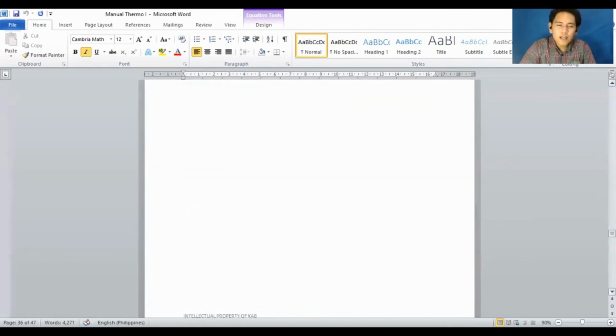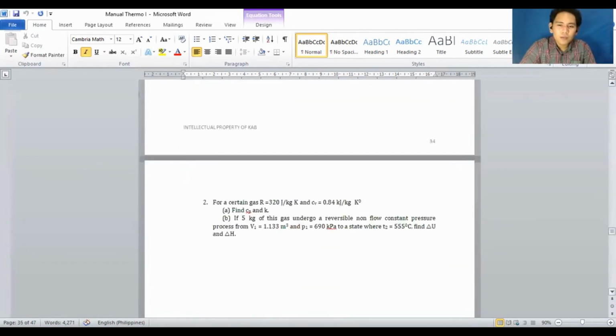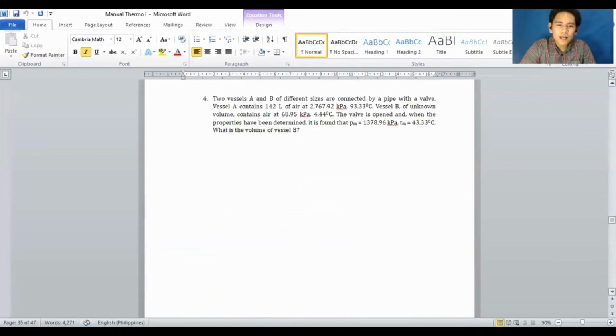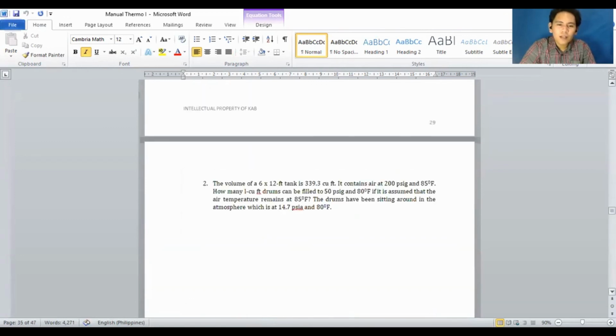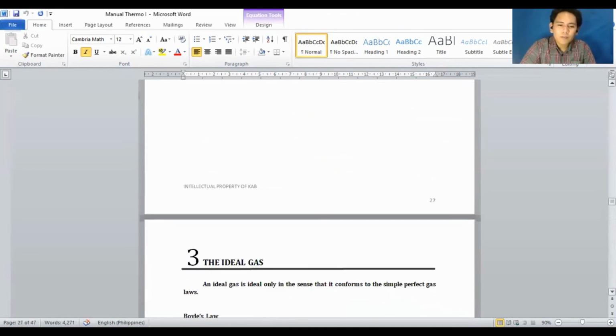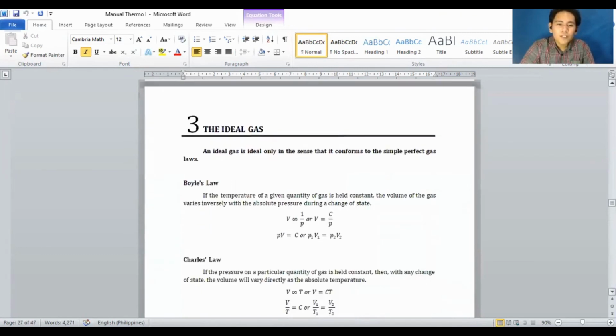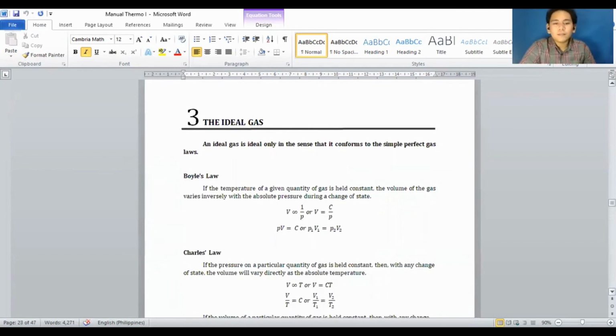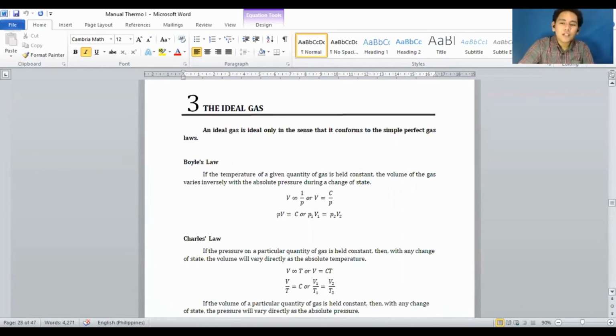So it's very easy for us to know the concept of the ideal gas since we only have at least four concepts: Boyle's Law, which is at constant temperature, and Charles' Law, which has two cases, constant pressure and constant volume.